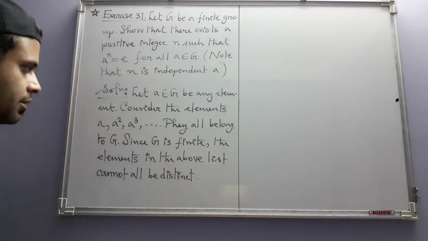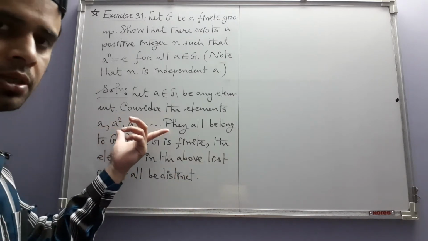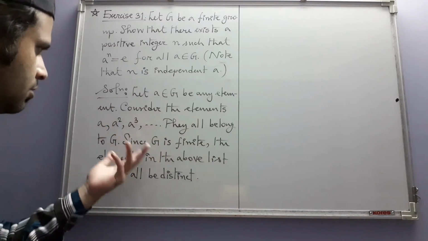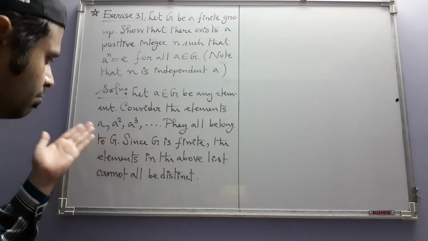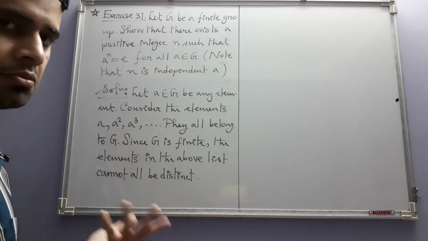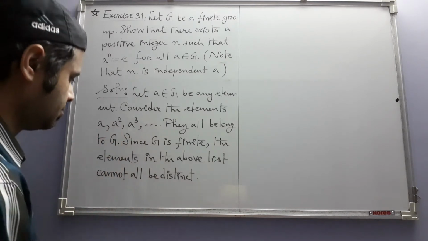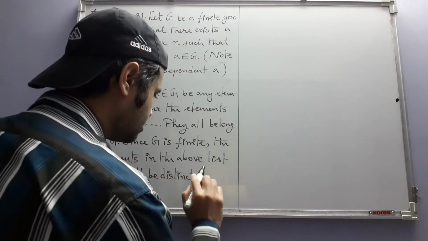Because if all of them are distinct, then there are infinitely many elements in this list, which coupled with the fact that all of them are in G would make G infinite. So finiteness of G is violated. So they cannot be all distinct.